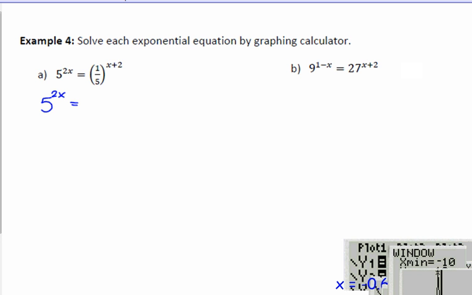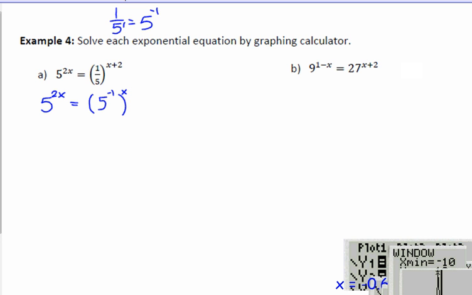So what can we do? How can we go 1/5 equals 5 to the power of something? What's the exponent on 5? Negative what? If you don't see it, the exponent on 5 is 1. To bring it to the numerator, we make it -1. We're keeping it in brackets: 5 to the -1.